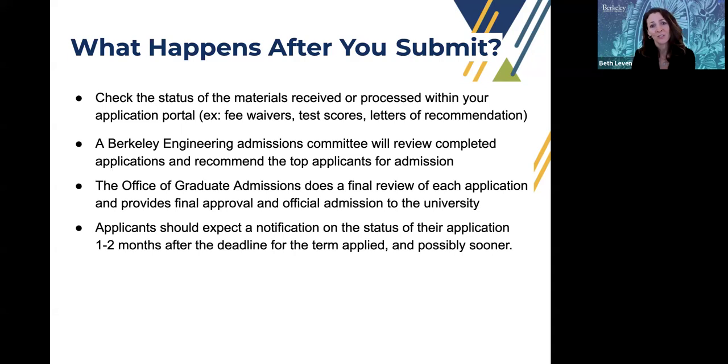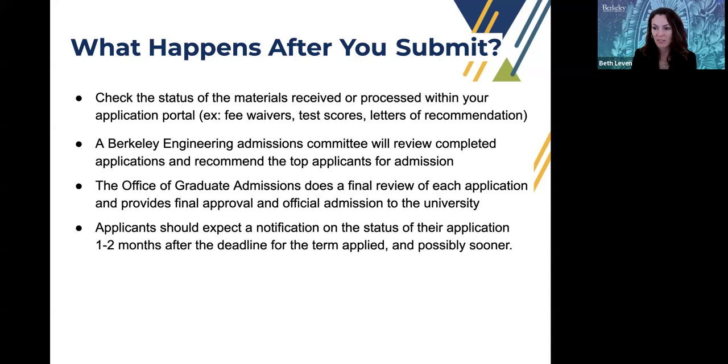And then you wait. And then while we're working here at Berkeley furiously to review all the applications, you can check the status of materials, such as your TOEFL test scores or your letters of recommendation. The letters of recommendation status will come up live. Test scores, there may be a delay, so we ask for your patience in that because that is sort of manually matched.